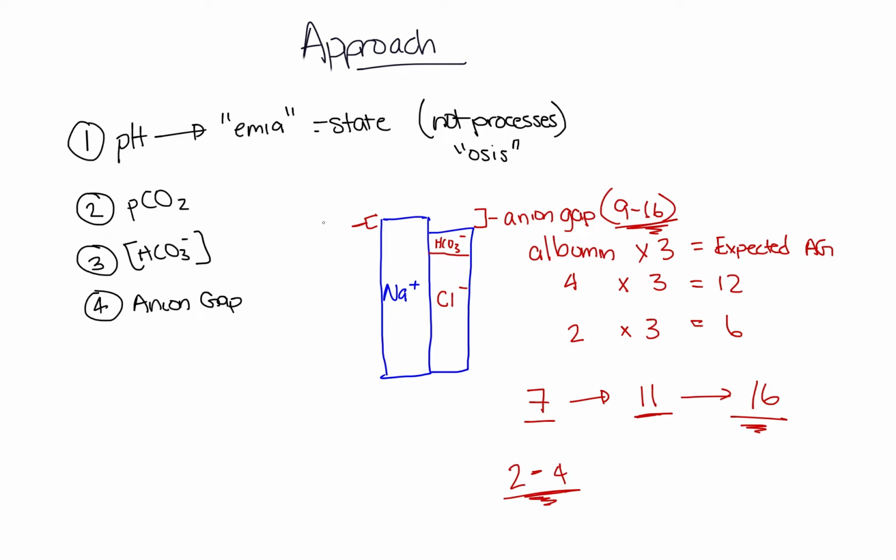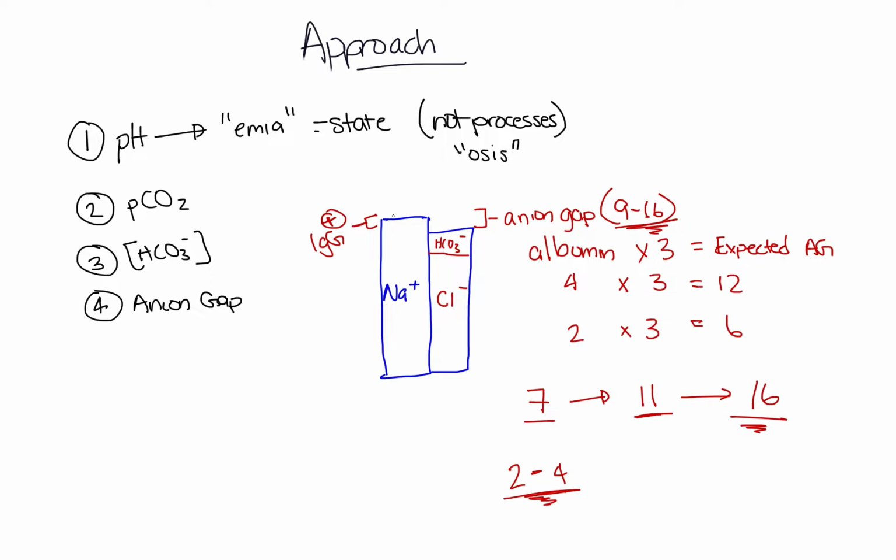But it could be, for example, because you have increased positively charged molecules in your blood, such as an immunoglobulin. And this might be a sign of multiple myeloma or some sort of plasma cell dyscrasia where you're creating a lot of immunoglobulins. So just something to keep in mind.